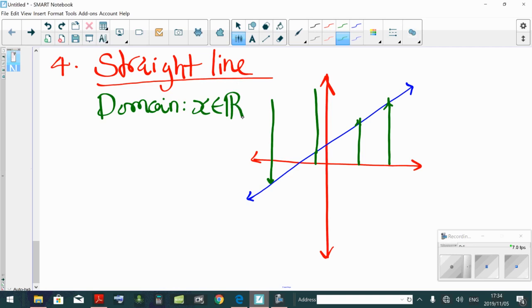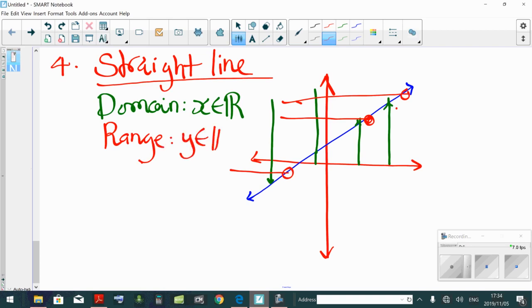Same applies if we draw a horizontal line. It's going to touch our straight line at some point. So here I can say the range is y element of R. This is always the case, except for the two cases where your straight line is parallel to the x-axis.